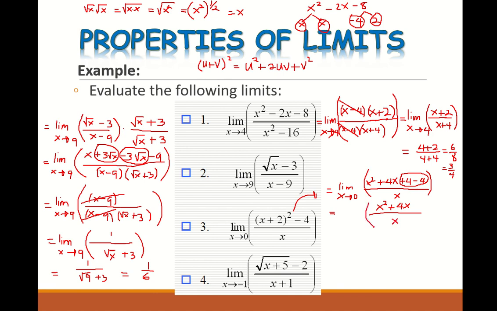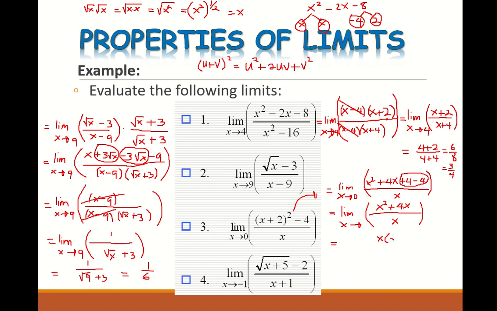Again, you write it this way. We have the limit of the function as x approaches 0. Now, if you look at the numerator, we can see that there's a common factor. The common factor of the numerator is x, so factoring out x.